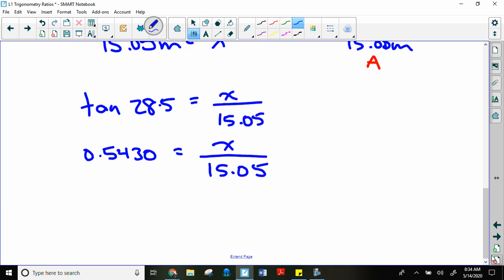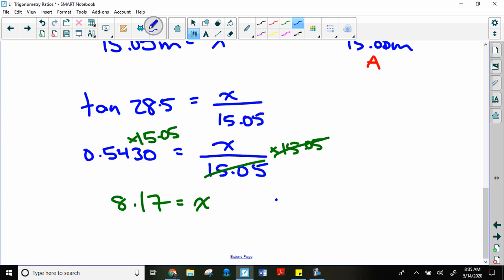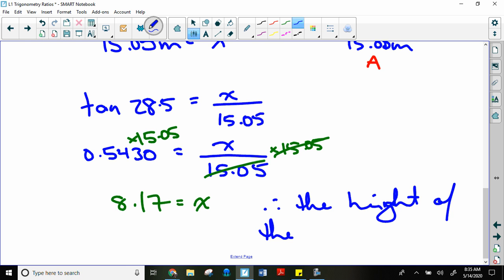Then we multiply by 15.05 on both sides, and we get 8.17. Therefore, the height of the rock pillar is 8.17 meters. Boom.